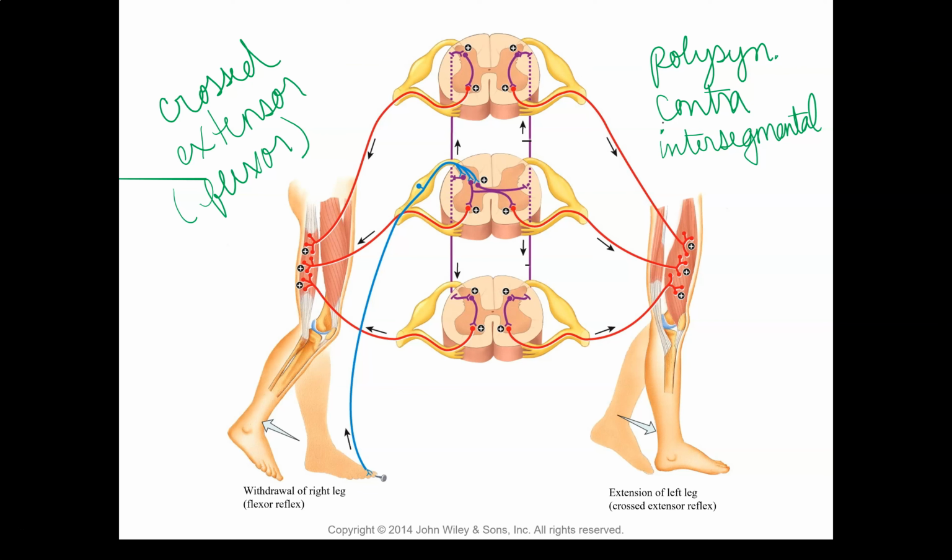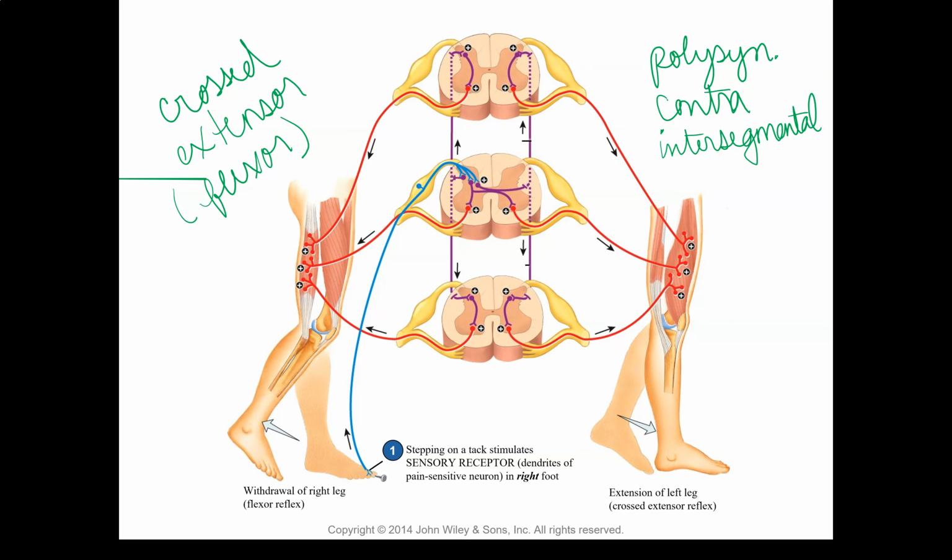Okay, in general, a great example is this picture. You step on something sharp with, say, your right leg. Before you can withdraw the right leg and flex it to pull it away from the injured foot, you need to have your left leg, so cross extender, straighten to hold the body weight, so that way your flexor then can lift the right foot.